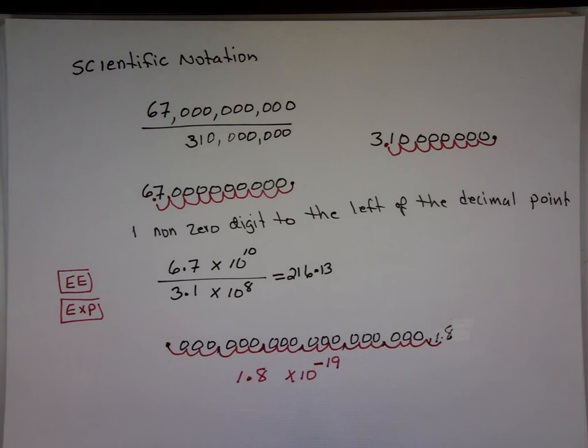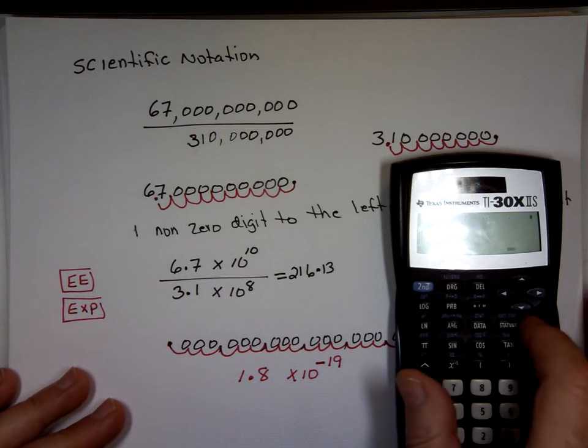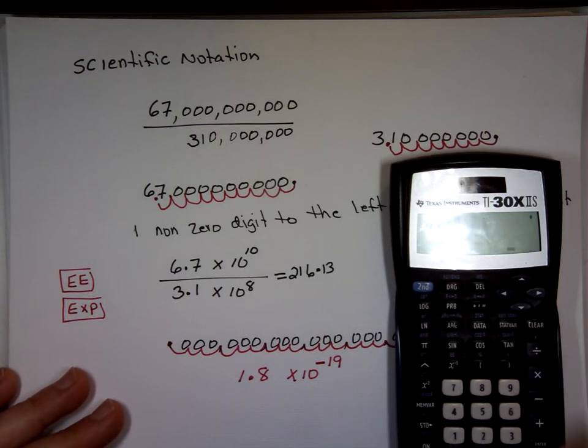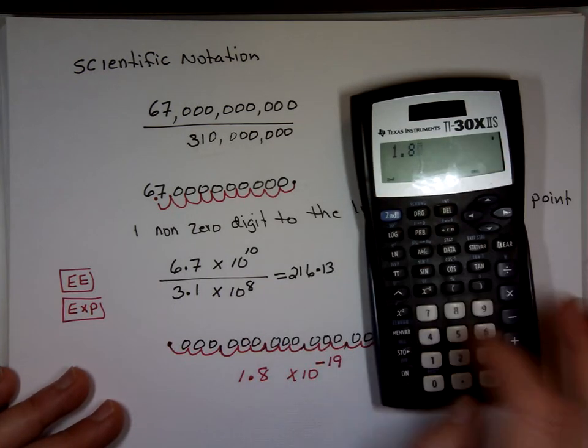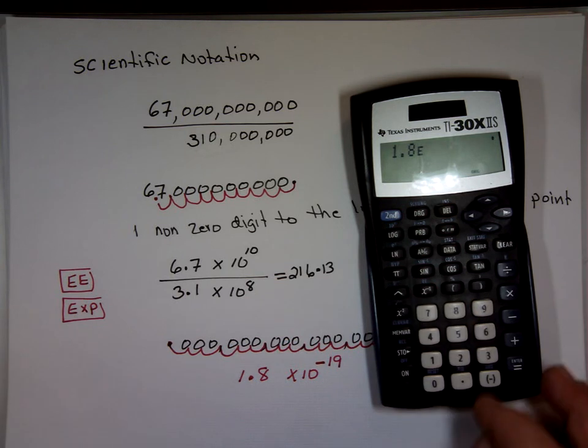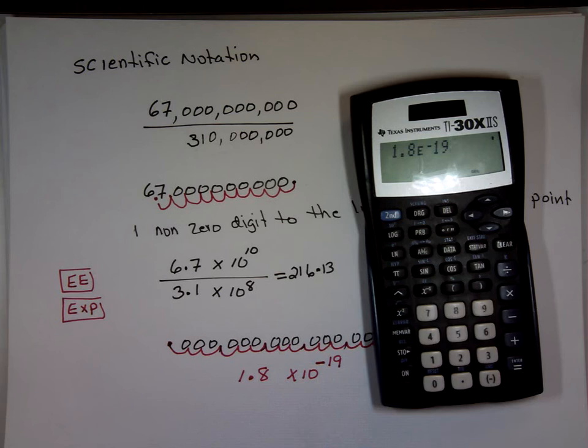So on this calculator here, again, to write that number, I go 1.8 EE, and I just put negative 19. That's straightforward. That's 1.8 times 10 to the minus 19. On the small one, it's a little bit tricky.